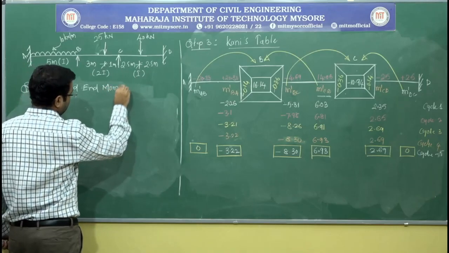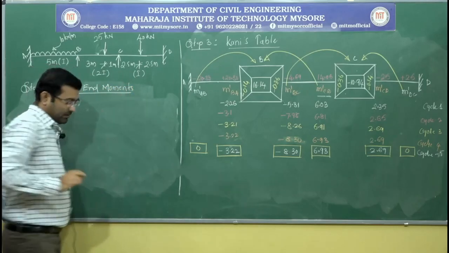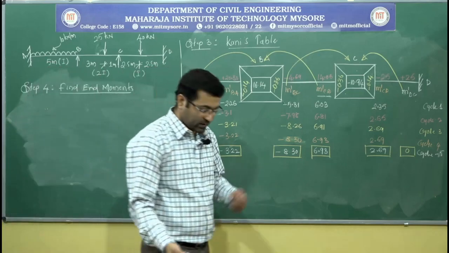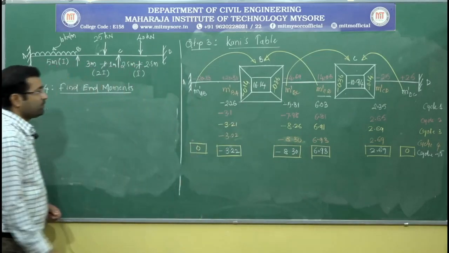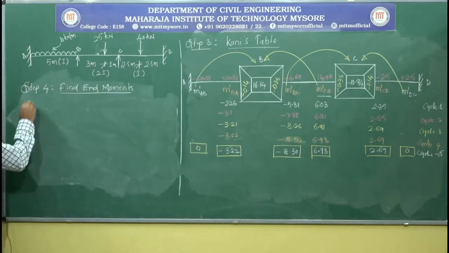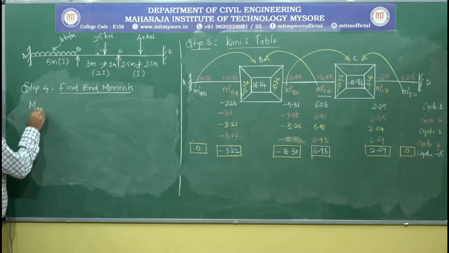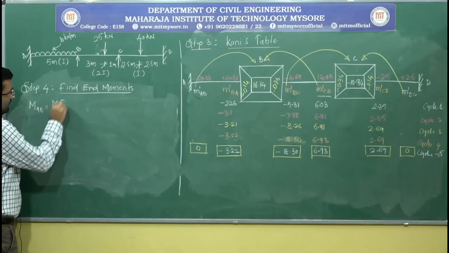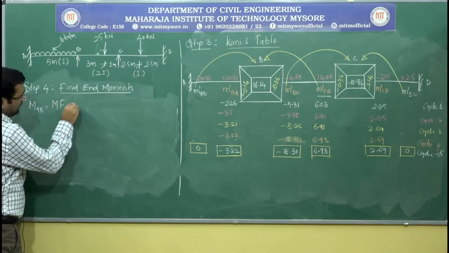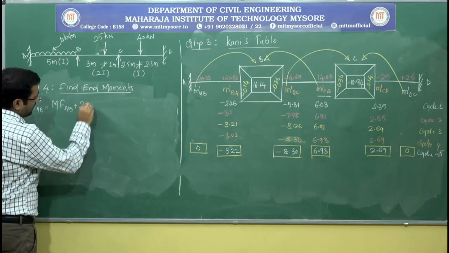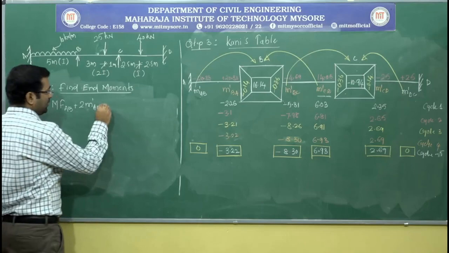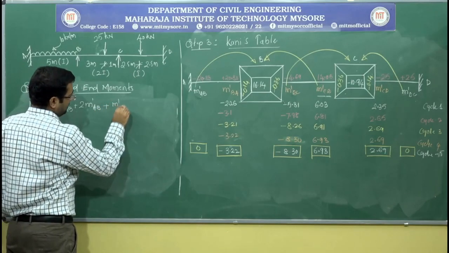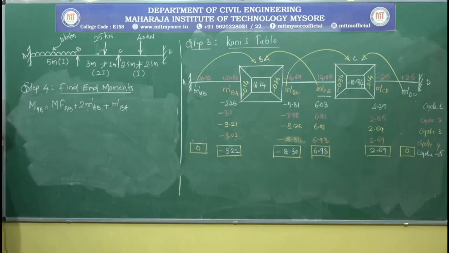Final end moments. In the previous class we have seen an equation to calculate the final end moment, which will remain the same for all the members. For example, if I want to calculate MAB, as per our previous discussion it is MFAB plus 2 times the rotation contribution at the same point, that is M dash AB, plus 1 time the far end rotation contribution, that is M dash BA.